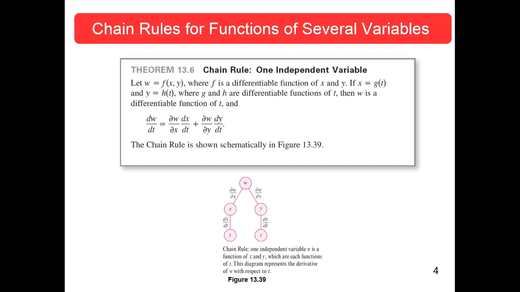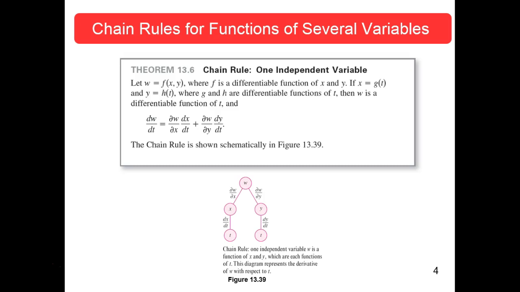It looks like two independent variables to me, except that f is a differentiable function of x and y, yeah, has to be the case. But we want x to be a function g of t and y to be some other function of t. So ultimately, your independent variable is t, not x and y. Those are intermediate variables, and w is your dependent variable.